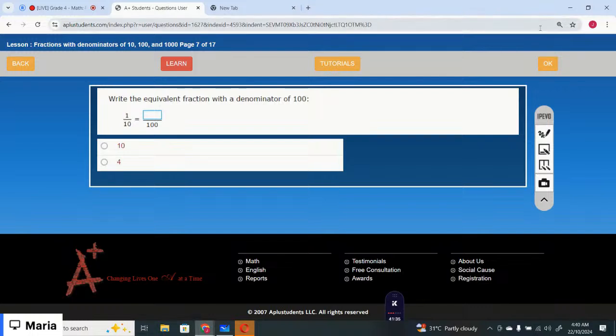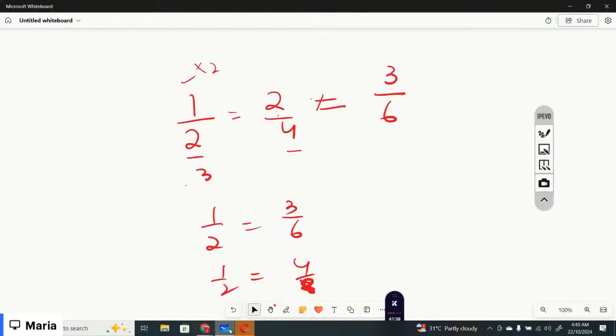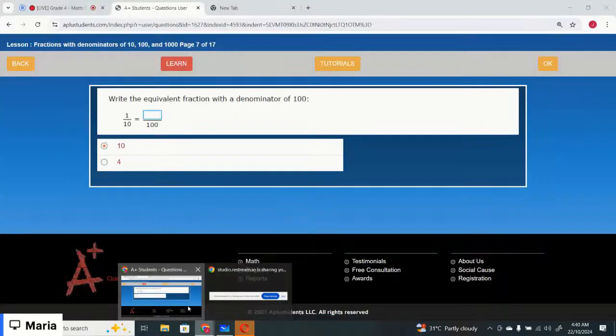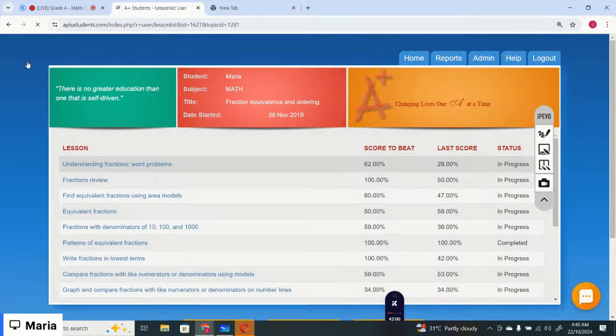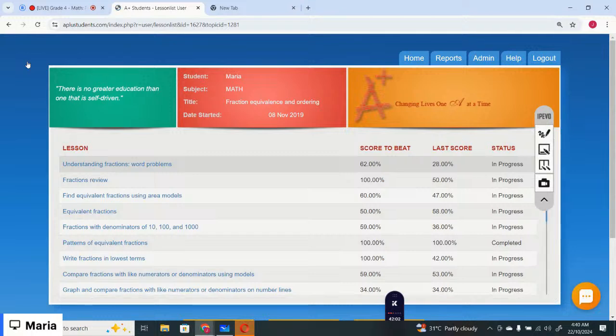Okay, you can complete the lesson by yourself later today. So, we were working on grade 4 math. The chapter we were working on is fractions review.